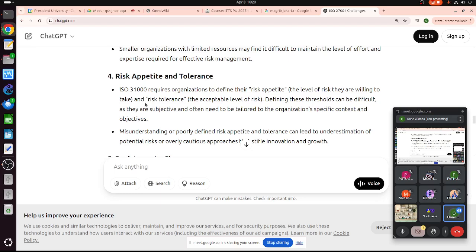If there is an attack on our system, what happens to our brand, how can we keep the trust of the customer, that kind of thing. So we need to analyze those things before it happens. So ISO 31000 basically analyzes those kinds of things before they happen.